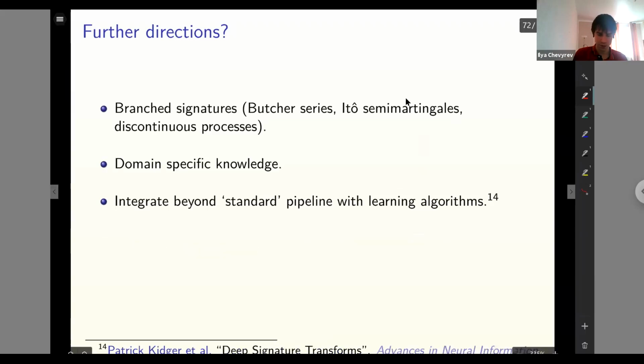In this direction, there's the paper that I give here, where these authors combine signatures with neural networks, but not in the way of just feeding the signature as a feature into a neural network.